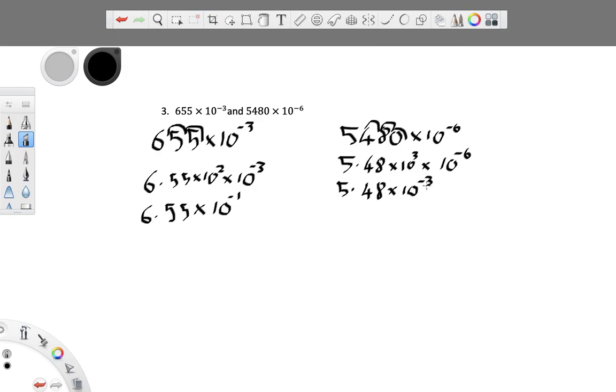Now it is no different from any example that we did previously in the video, because the numbers are both in standard form, so that's perfectly fine. And then all we need to consider is which power of 10 is larger. So minus 1 is larger than minus 3, because minus 1 is less negative than minus 3.